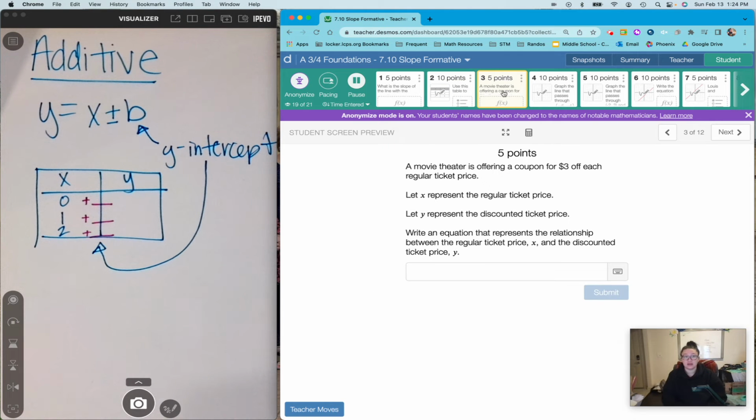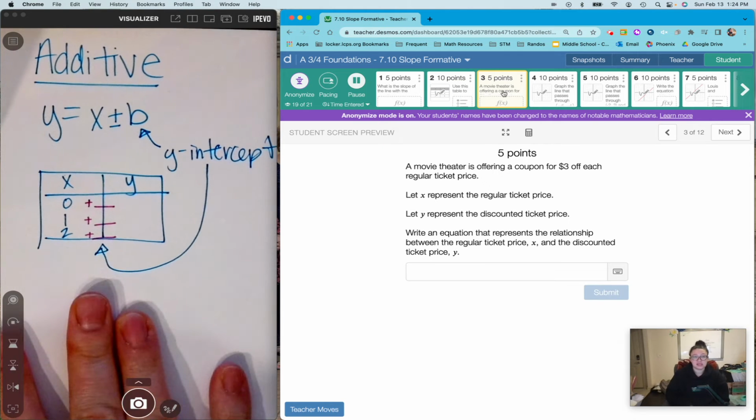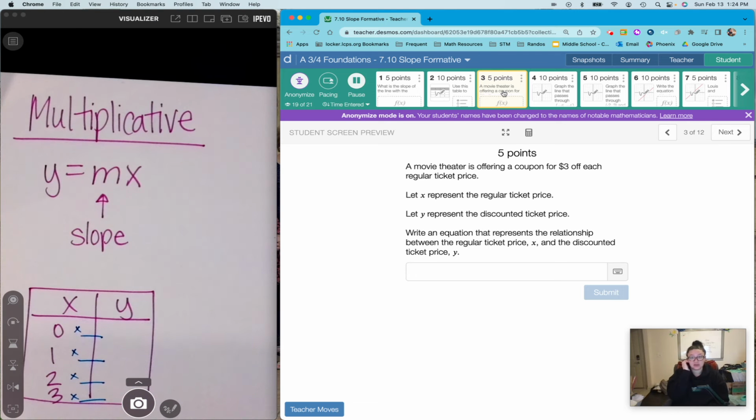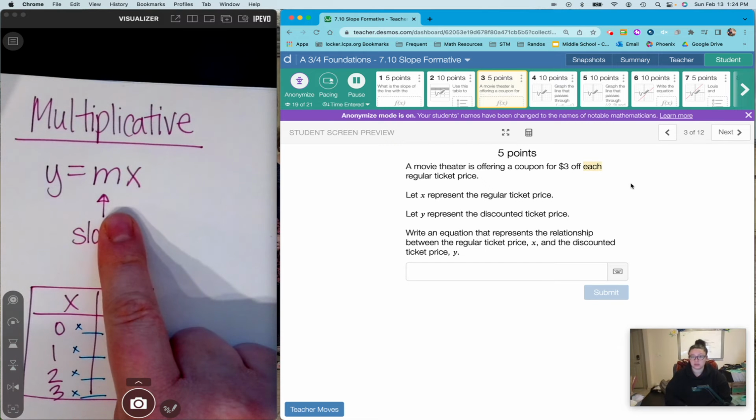Taking a look at number 3 again. First thing we want to think about, is this additive or multiplicative? A movie theater is offering a coupon for $3 off each regular ticket price. A lot of people told me that the word each meant multiply, so they thought it was multiplicative. But that each does not mean multiply.